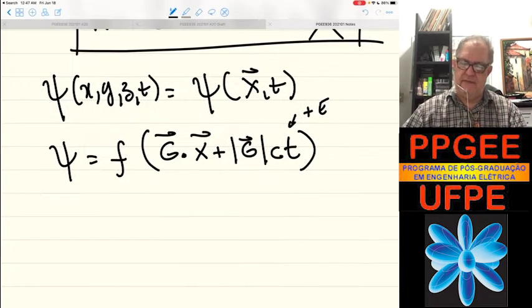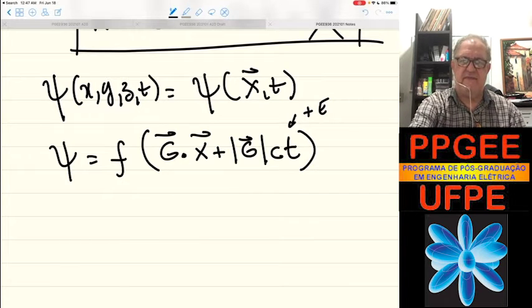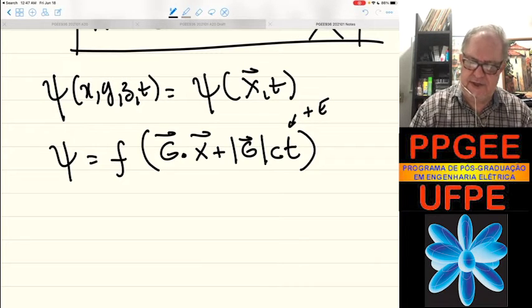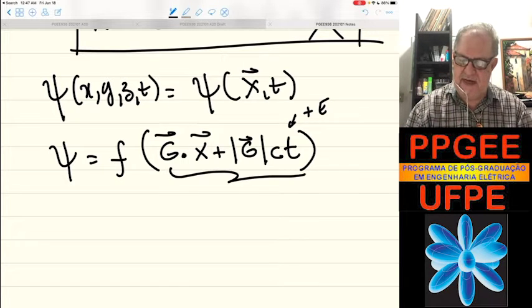So why is it called a uniform plane wave? Well, let's make a change here, just to understand what it means to have this argument here.